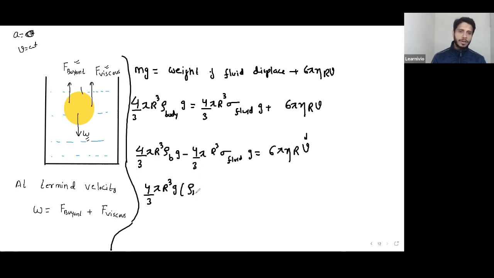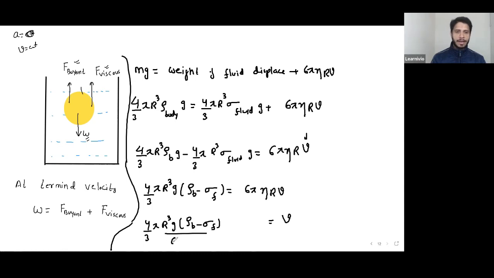We are left with density of body minus density of fluid is 6 pi eta rv. So we can calculate v from this equation: v is 4 by 3 pi r cube g, density of body minus density of fluid, divided by 6 pi eta r.